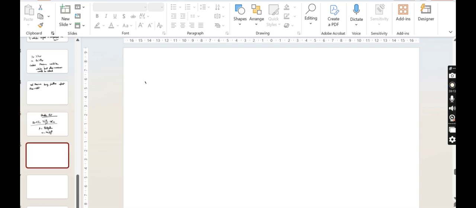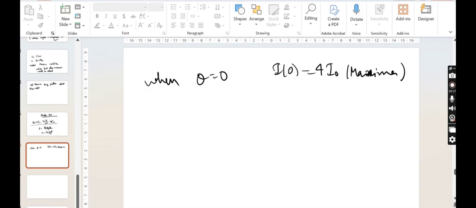So when theta is equal to 0, I naught is equal to 4I. This is the maximum, or we can say principal maximum.